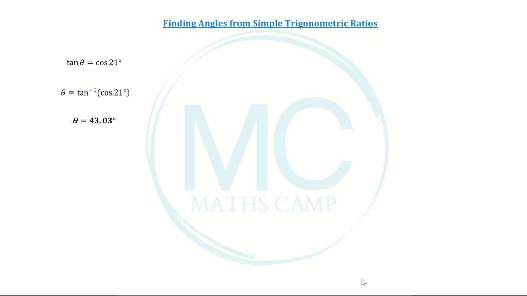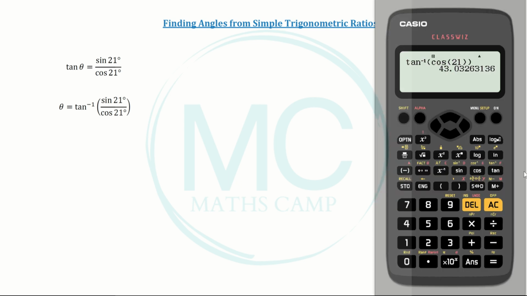Let's do one more. Tan theta is equal to sine 21 degrees over cos 21 degrees. Let's start by moving tan across, and we get theta is equal to tan to the -1 multiplied by the bracket sine 21 over cos 21. Now, because we have a lot of information here, let's do this in steps.